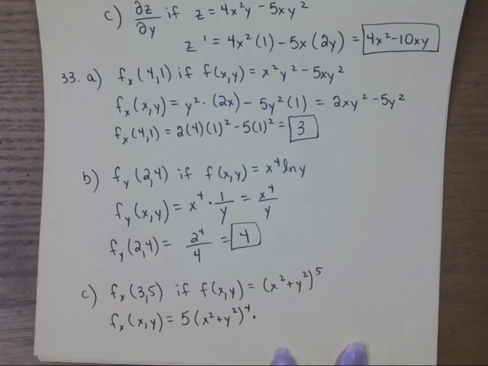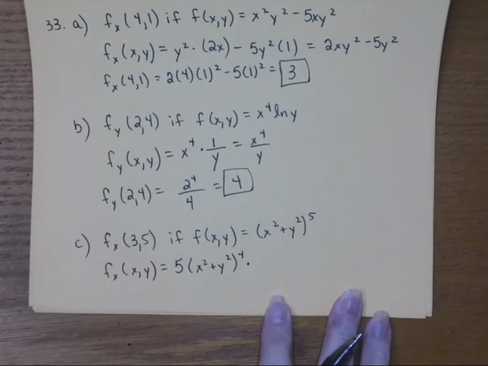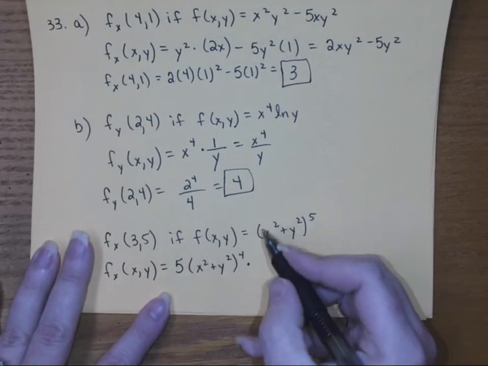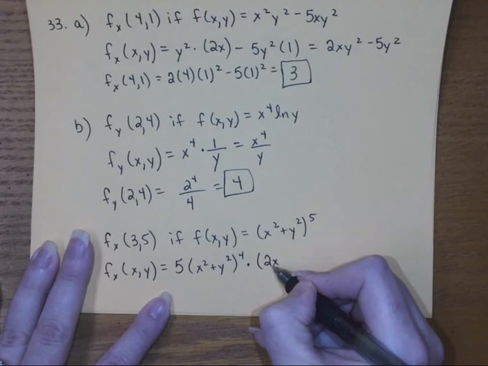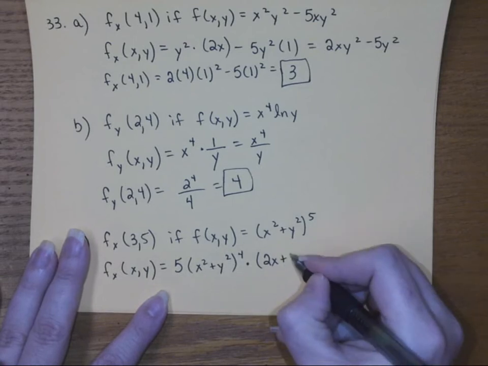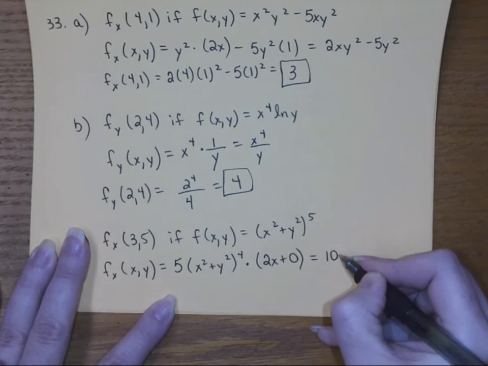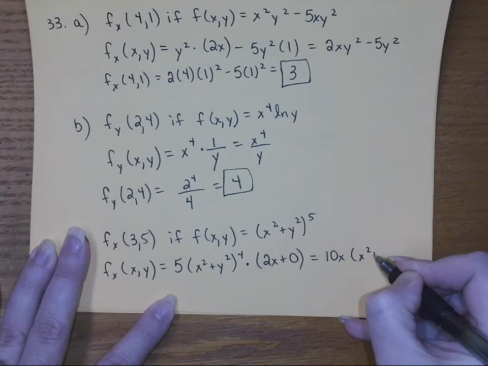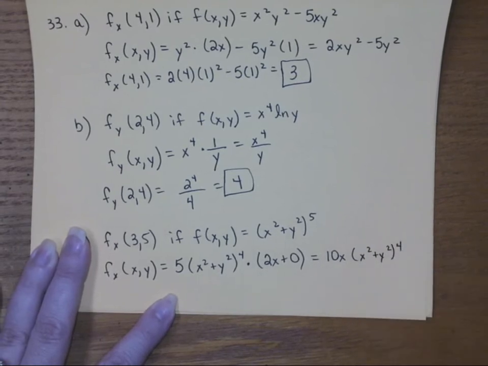But then I also have to do times the derivative of the inside, but it's with respect to x. Okay, so what's the derivative of x squared with respect to x? 2x. What's the derivative of y squared with respect to x? Remember, y is a constant, so that's just going to be 0. So you end up just getting 10x and then x squared plus y squared to the 4th.